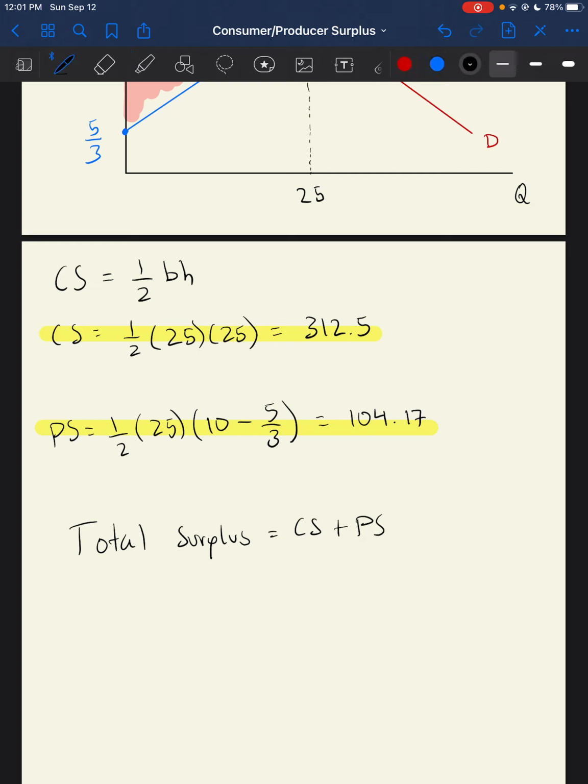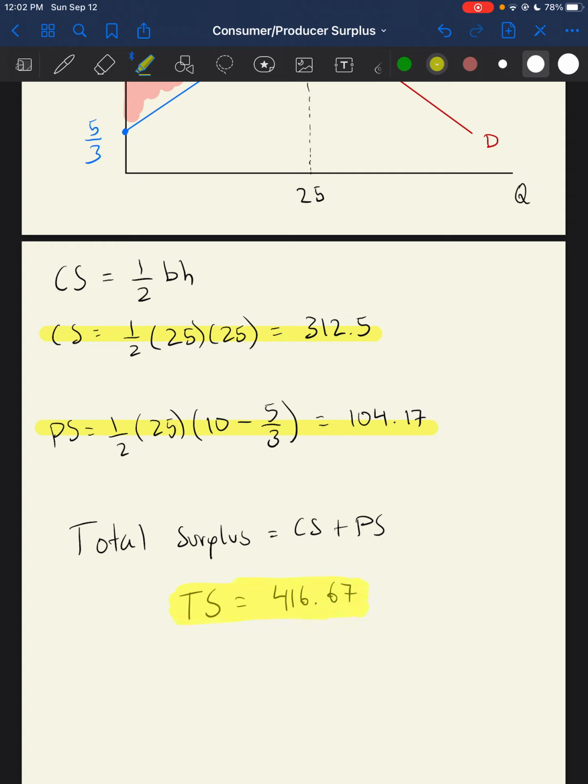So my total surplus, which I'm going to denote as TS, is just going to be 312.5 plus 104.17, so it'll come out to be roughly 416.67.